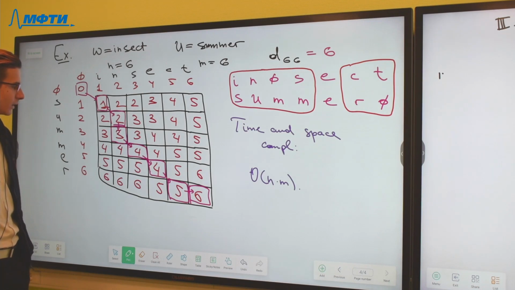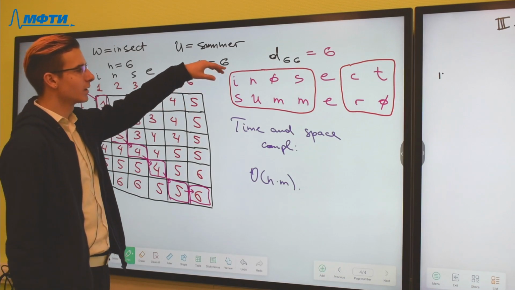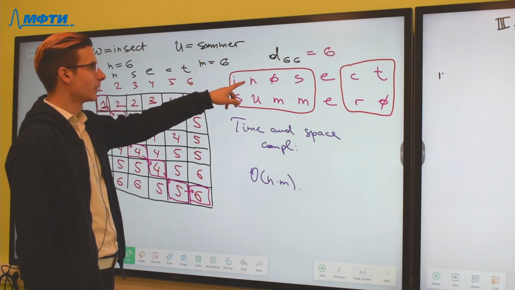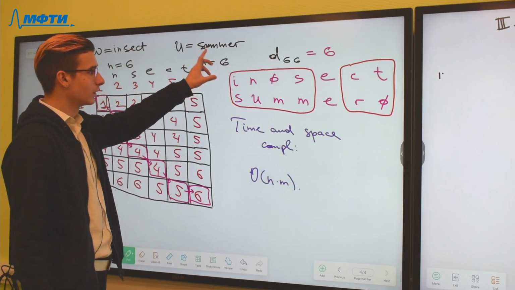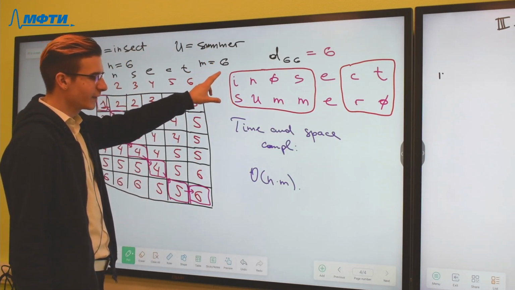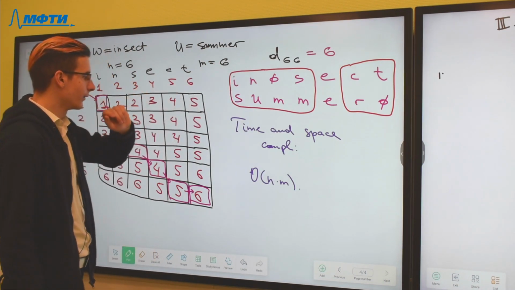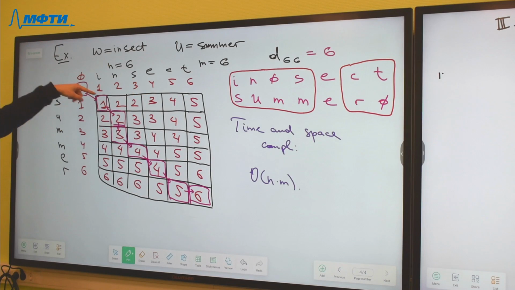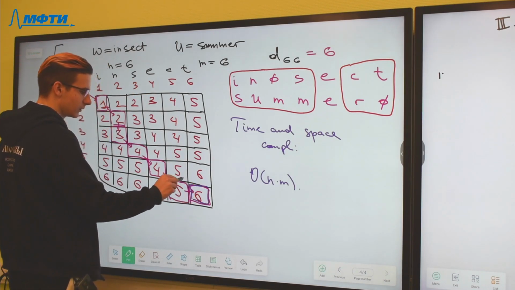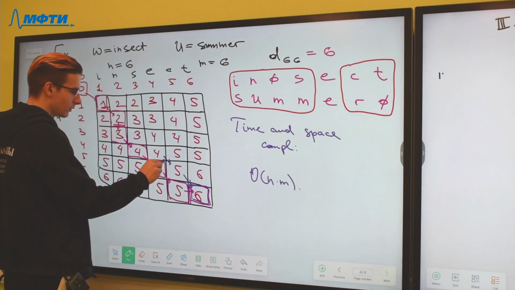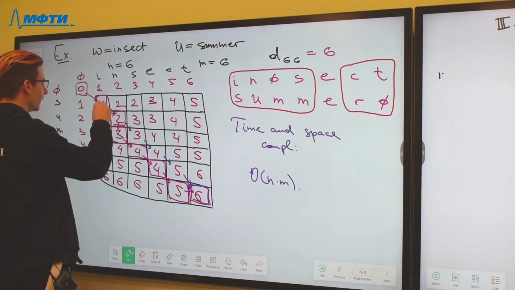And of course, we can find different representations in which we get the right number of places in which they are different. For example, in this picture, we can find another way to this cell. For example, this way.